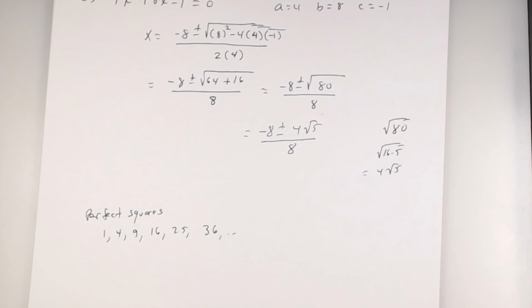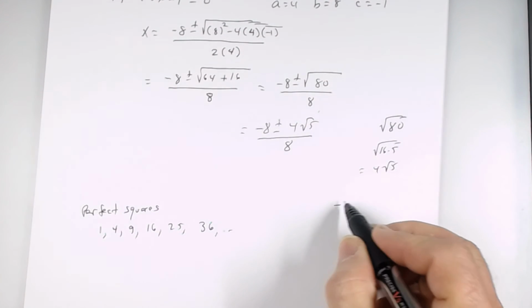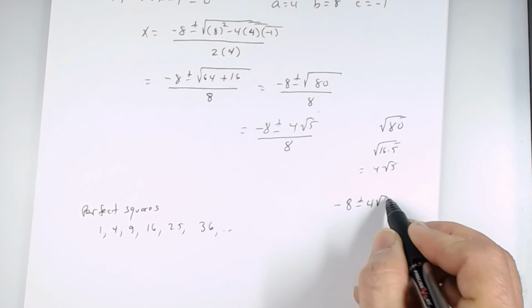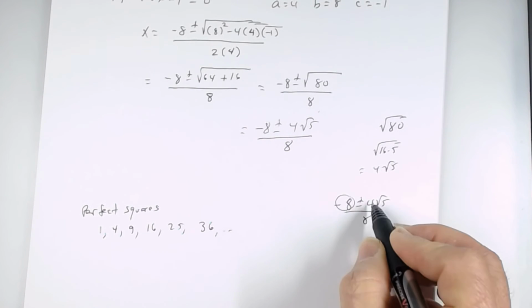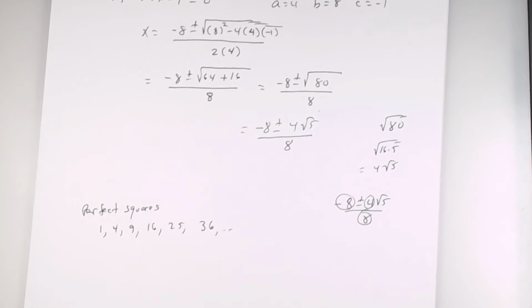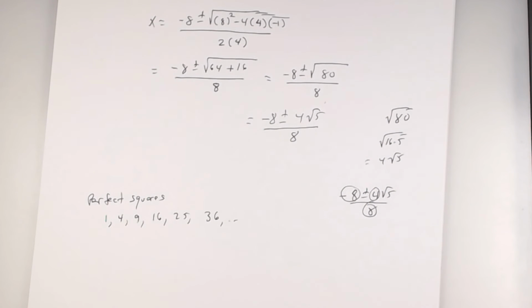All right, now at this point, this is where you ask yourself, do I need to stop or do I need to go further? What do you think? Go further, because think about what we talked about with number 2 and number 1. I'm going to go ahead and rewrite this right here so I can circle some things. So if we look at negative 8, 4, and 8, what's the largest factor that they have in common? 4.